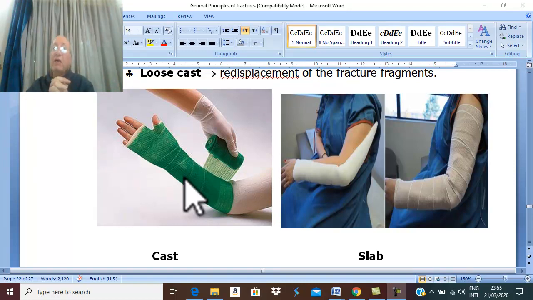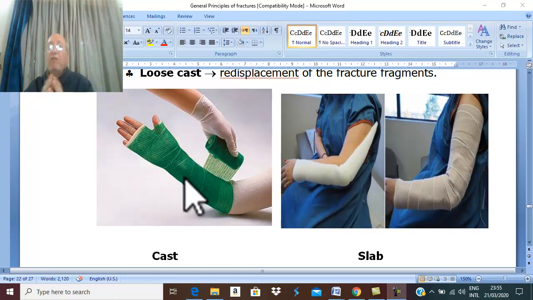External fixation by plaster of Paris is always tried first. Why? Because it has many advantages. First of all, and the most important, it is cheap, safe, and does not need extensive facilities.